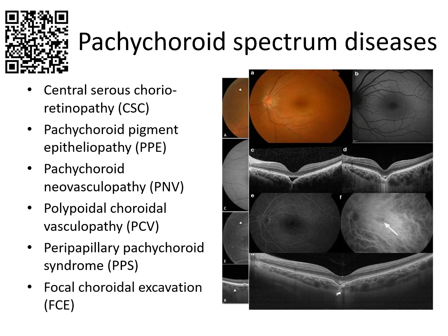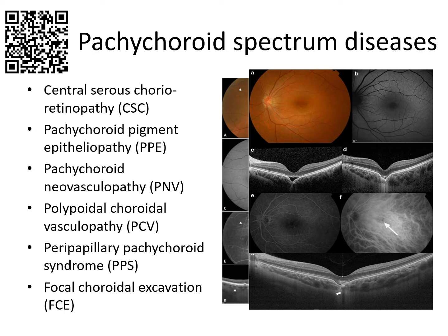The last component of this pachychoroid spectrum disease is the focal choroidal excavation, and this is supposed to be a healed stage of any one of these preceding diseases, and there is a pit forming in the choroid with overlying retinal pigment epithelium conforming to the pit, and in the overlying neurosensory retina, either there's a gap or it is conformed or it is also deformed.